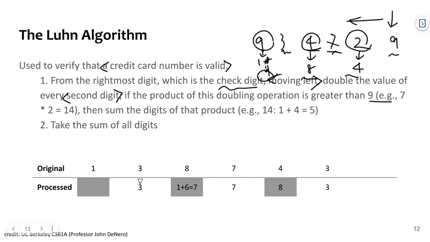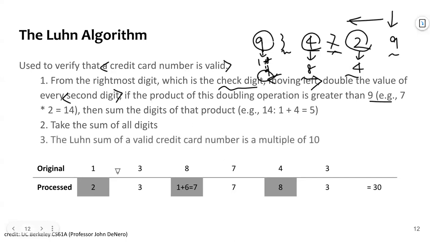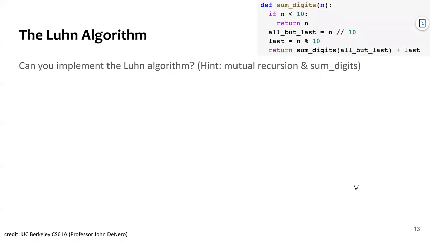And 3 remains 3, 1 becomes 2. Then we sum these numbers, and that's going to be 30. So everyone is getting the right answer, I guess. And if the sum of a valid credit card number is a multiple of 10, then that means this credit card number is valid, all right?